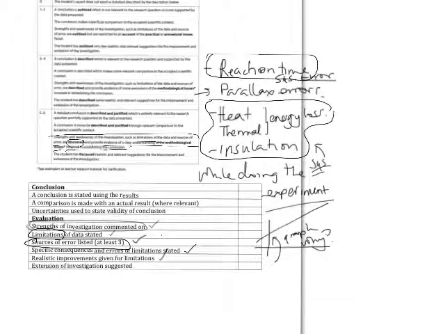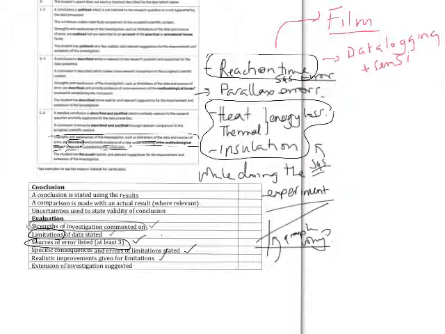For example, you can film and then use the timing reading on the film itself to measure time. You can use data logging and sensors, which are more sensitive. Parallax errors, you can carefully find a point of reference, or film, again, as a way of reducing that parallax error.